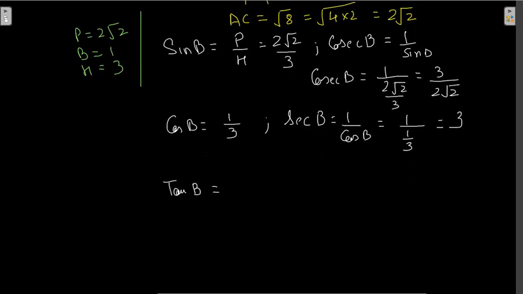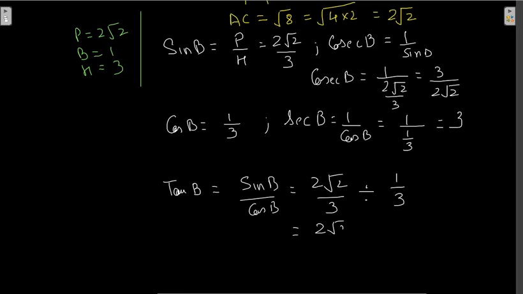We are going to write it as sine b over cos b, and sine b is what? 2 under root 2 by 3. We can use the division sign here, and cos b is what? 1 over 3, and which makes it 2 under root 2 divided by 3.